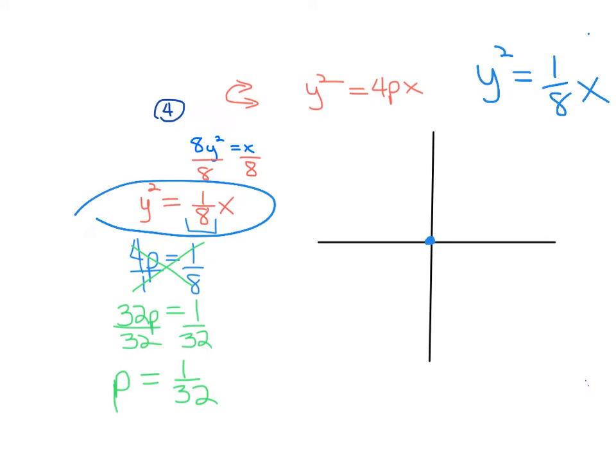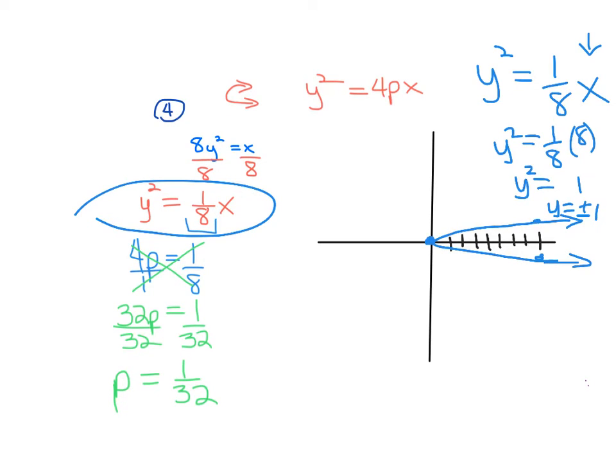See when I put in 8 here for x, see how it's going to cancel that? Because 1/8 times 8 is going to give me 1. So y squared equals 1. And then when I square root it, it gives me plus and minus 1. So I could graph 1, 2, 3, 4, 5, 6, 7, 8. So I'm going to plot (8, 1) and (8, -1).